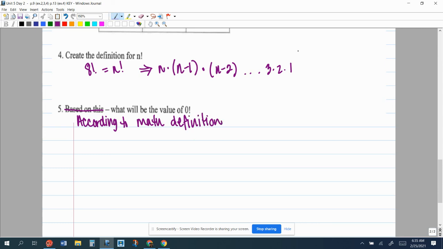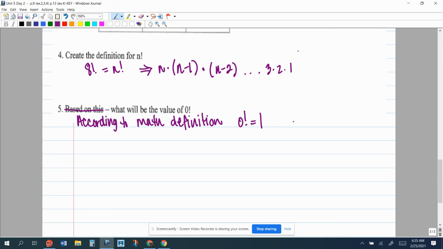We actually made a decision that 0 factorial, in order for our factorial computations to work out always, 0 factorial will be equal to 1.